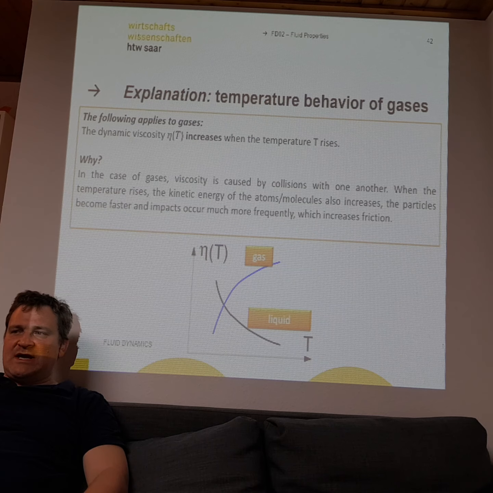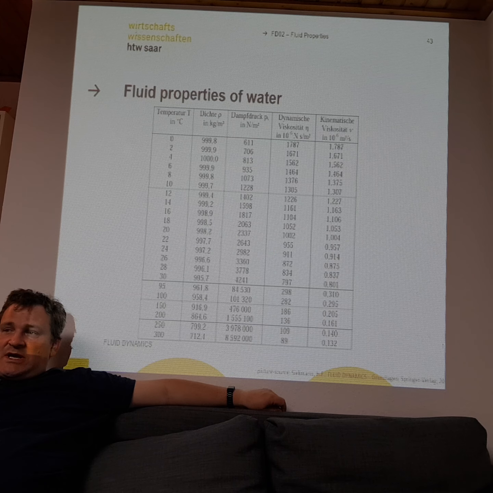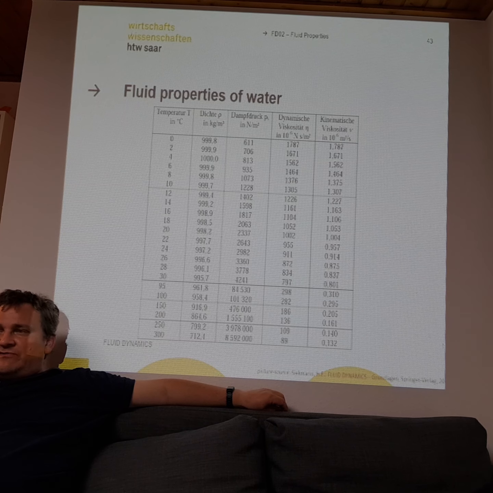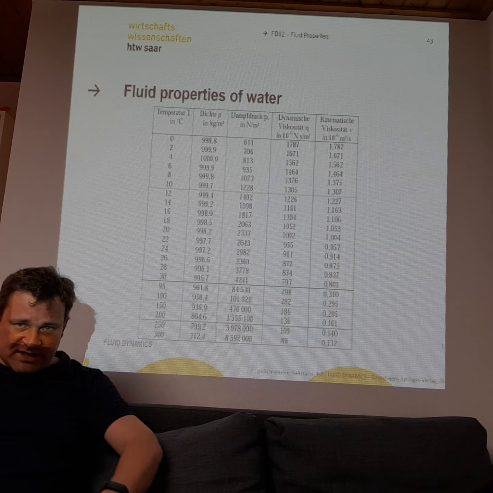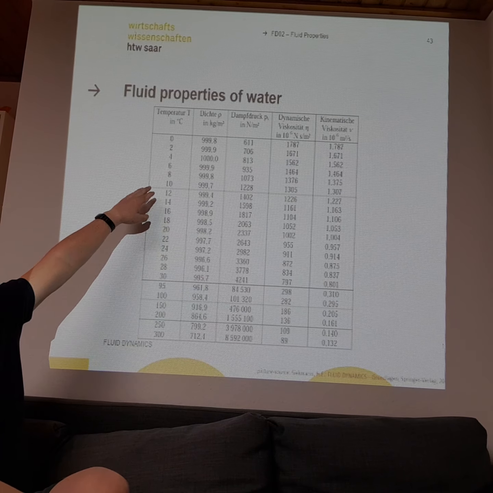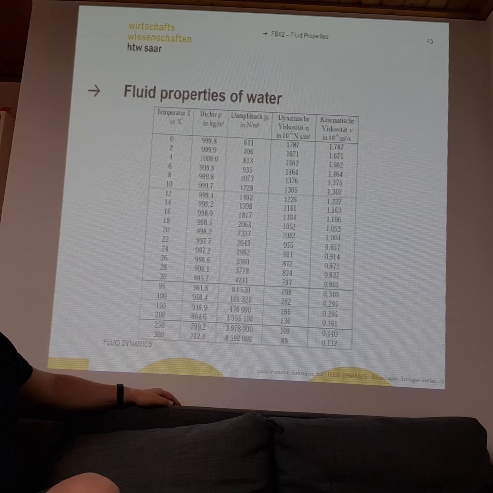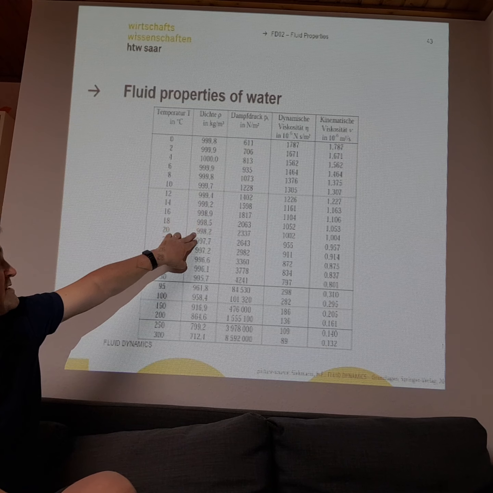Okay, here again, an explanation. And here is an example for a table, fluid properties of water. That's something we will work with a lot when we make the exercises. How do you have to read the table? You have temperatures here from 0 to 300 degrees. You can look at the density.